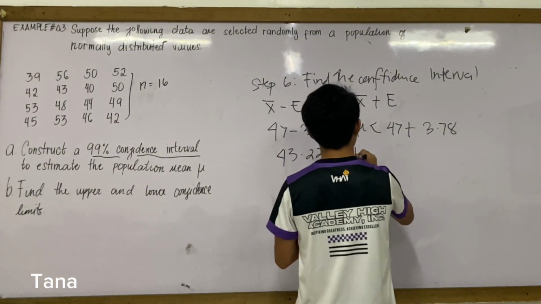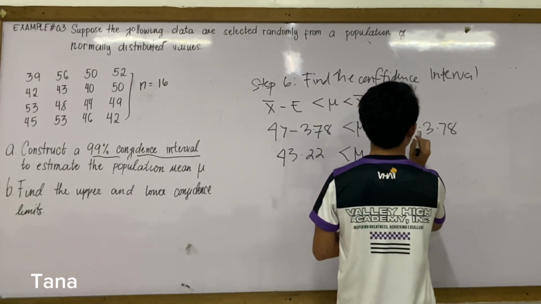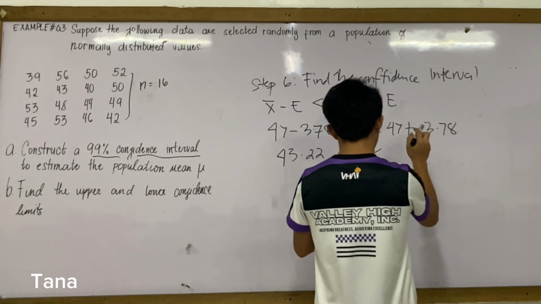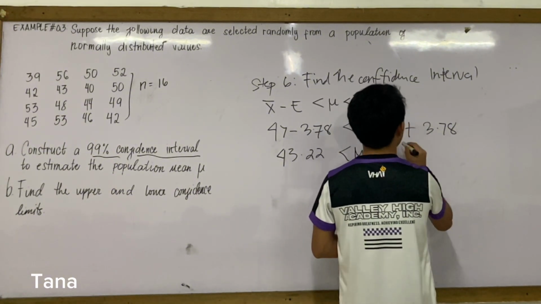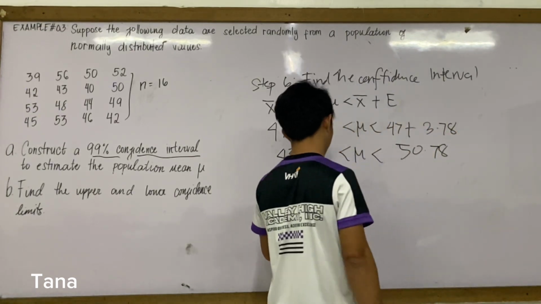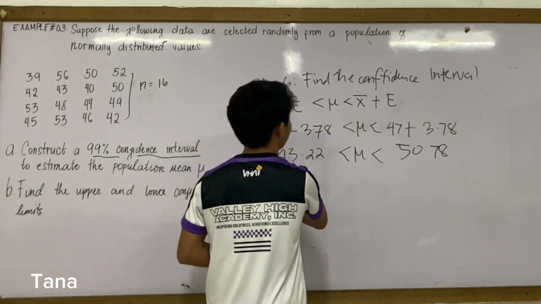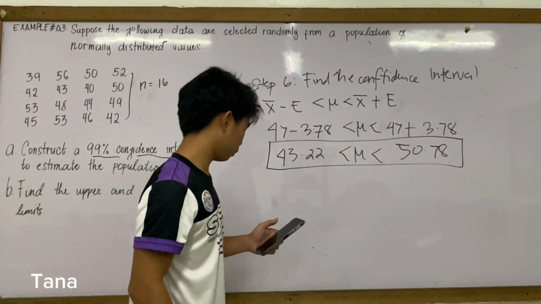Then less than the population mean. 47 plus 3.78 is equal to 50.78. And this is the confidence interval.